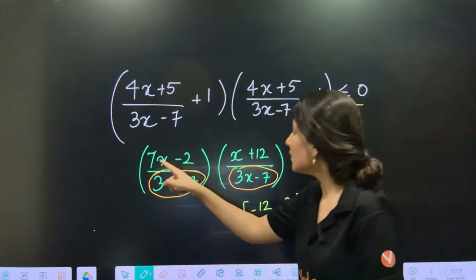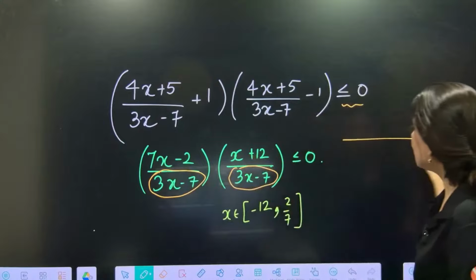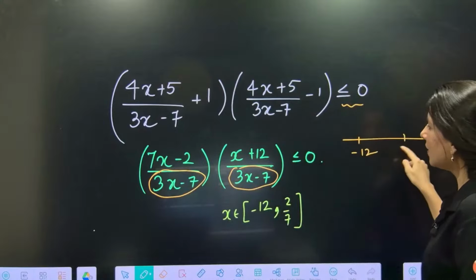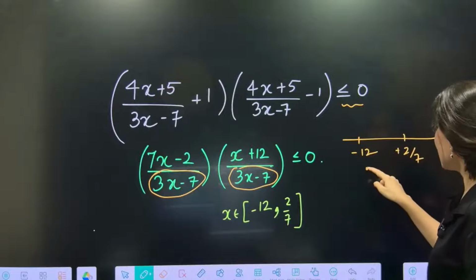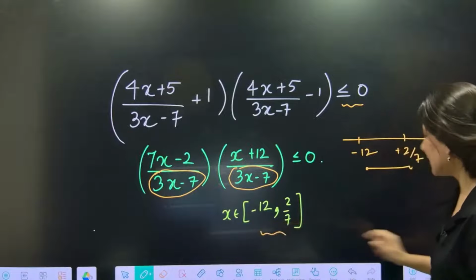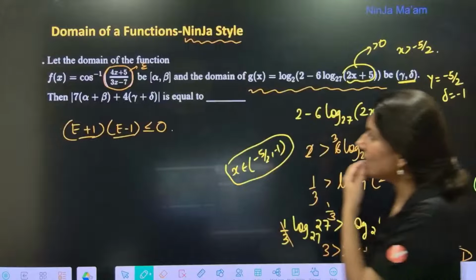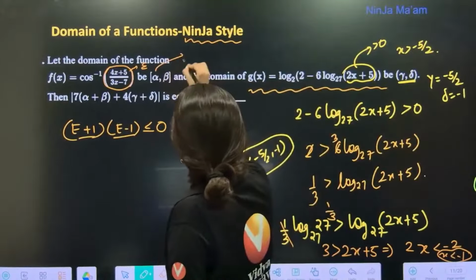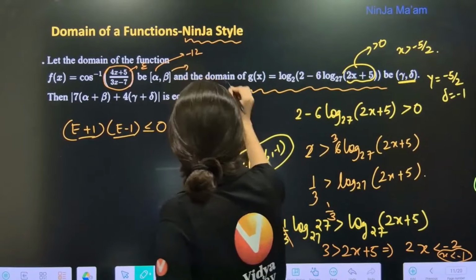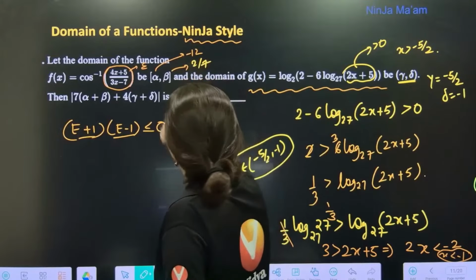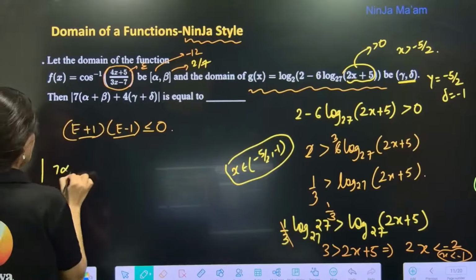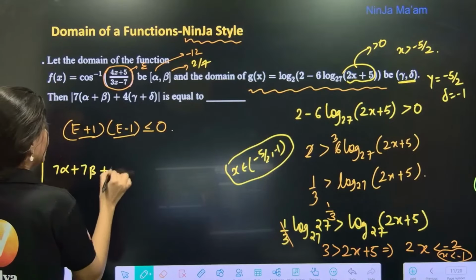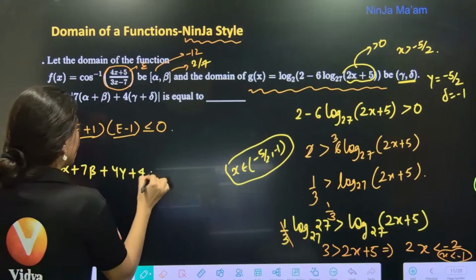Now 7x minus 2x plus 12 if you put, so minus 12 and plus 2 by 7. So it is going to be lying between these two. Can you see, this is your alpha and beta. Alpha is minus 12 and beta is 2 by 7. So now just write down 7 alpha plus 7 beta plus 4 gamma plus 4 delta, everybody.